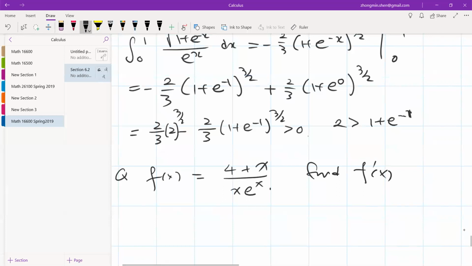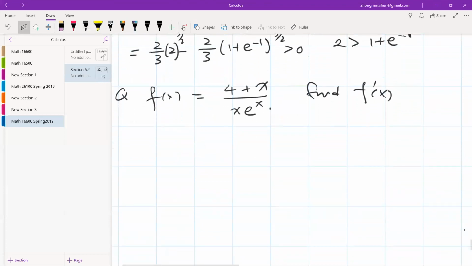Now, what is the best way to find the derivative of this function? I think the best way is don't use a quotient, okay? Avoid the quotient, it's even more complicated. And if possible, avoid the product rule, okay? Because you're always splitting the 2 terms.